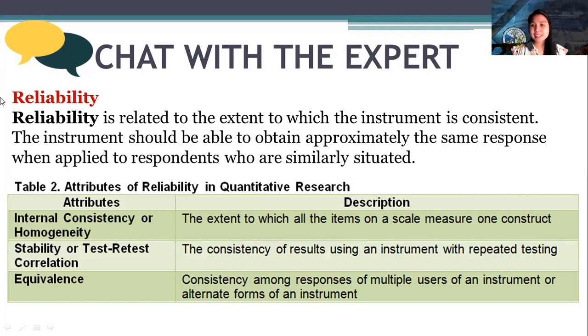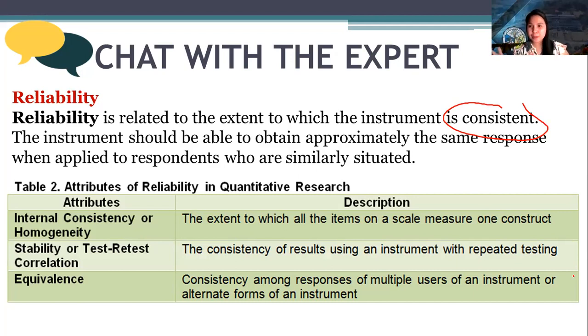Next is reliability. Now, what is reliability? The keyword here for reliability is consistent. Now, how will you know if the instrument is reliable? The instrument is reliable when it will yield the same results once taken again.